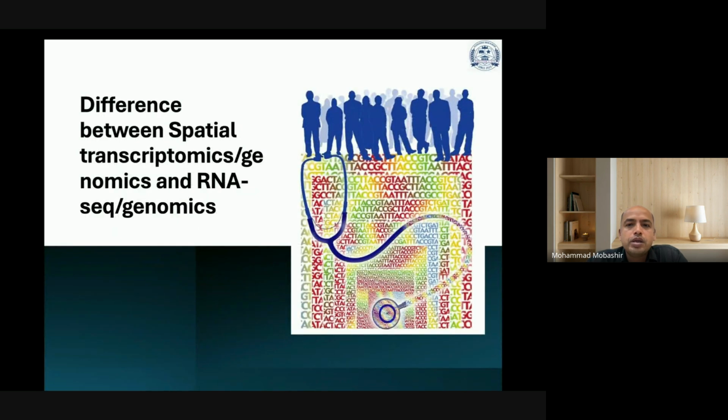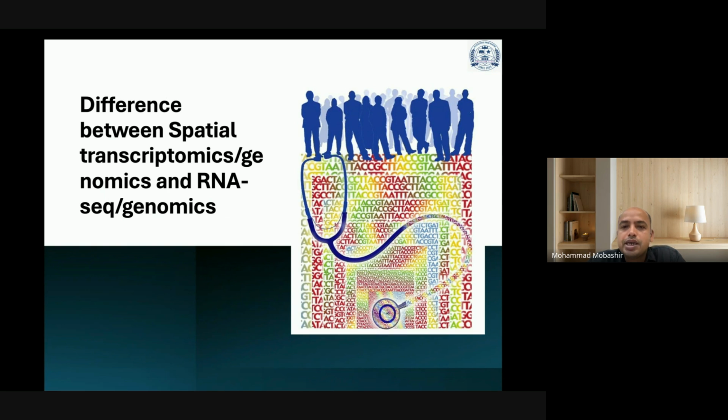So the spatial genomics, as it is clear from the name, we are talking about the spatial location of the genes and their mutations, while when we are talking about genomics, then we are not specifying in which tissue or in which cell this mutation is located or this gene is expressed.